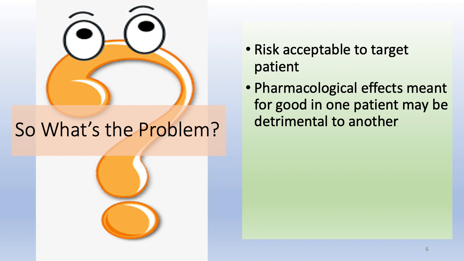Secondly, pharmacological effects which may be meant for good in one patient may be detrimental to another patient. For example, if we have a drug which has vasoconstrictory effects, let's talk about something like ephedrine, perhaps. And then this drug somehow finds its way into an antihypertensive medication where we're expecting to have vasodilation.